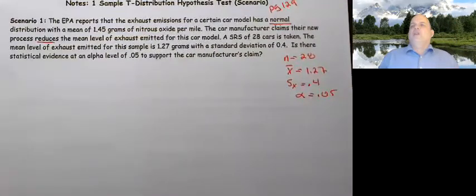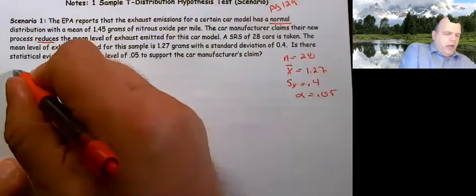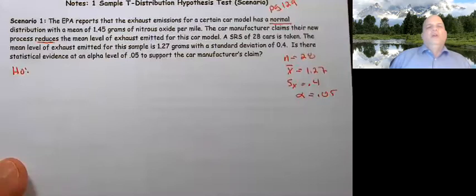All right, so let's work on writing our null and alternative, and then we're going to do a little bit of a side note, and then we'll work the entire problem. First off, we need to write our null hypothesis, which we always express as H0. What is the status quo? What has been the general claim? What have we said before?